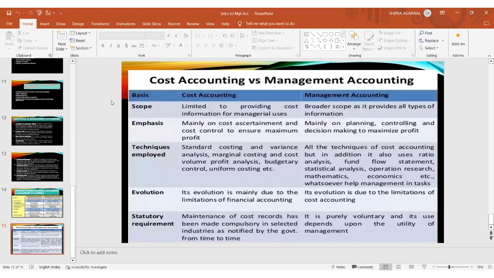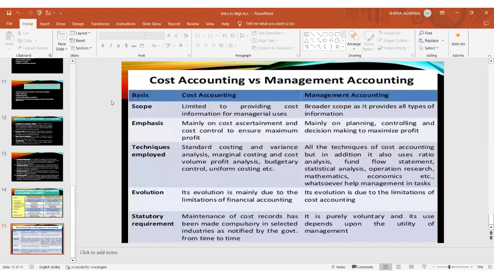And when we talk about plan, we also want to control the operations, and at the same time, our consideration is for decision making so that we can maximize the profits. No doubt, whatever we are doing in the organization is related to maximizing the profit, but the way we go for maximizing the profit will vary under cost accounting and management accounting, right?